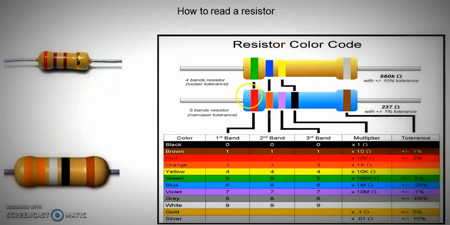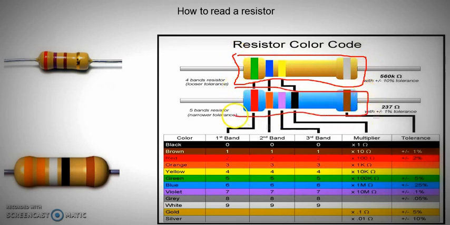You can see here the color bands of a 4-band resistor as well as a 5-band resistor clearly marked in the table below. Each color is identified by a value, which is given as a digit.